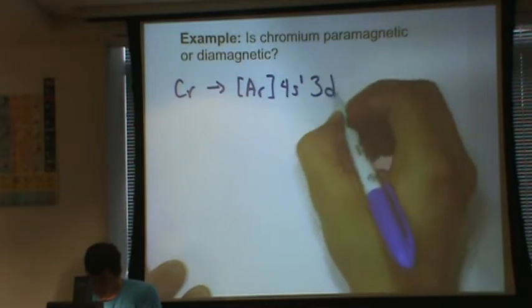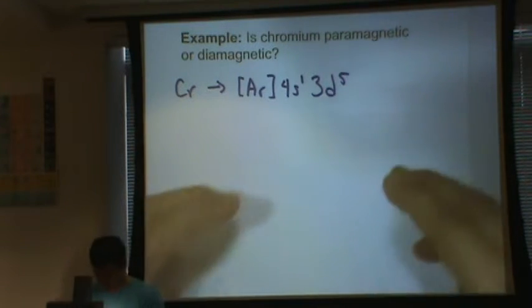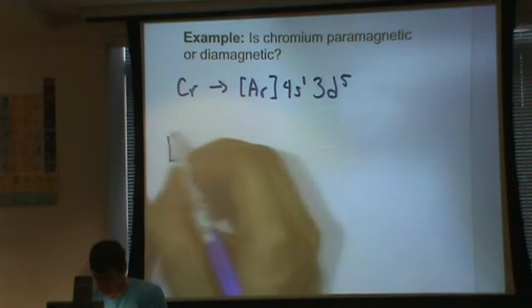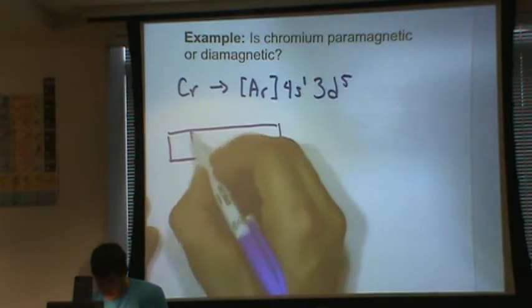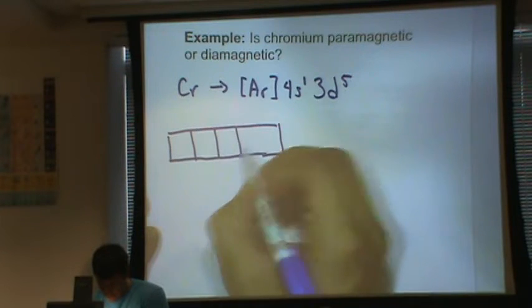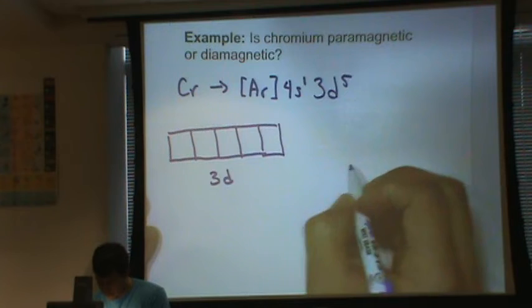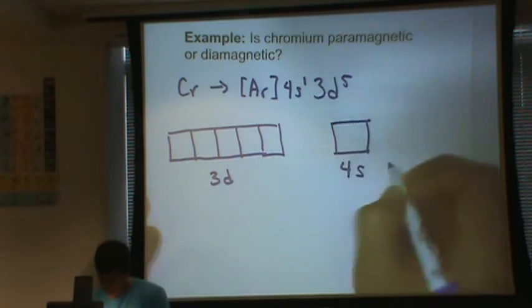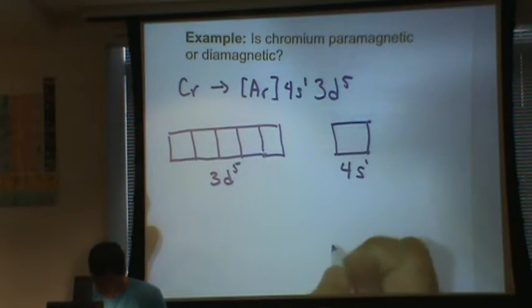3d5. So what I'm going to do is draw the orbital electron configuration where we draw the boxes. Let's see, 1, 2, 3, 4, 5. So this is our 3d orbital. We'll put 4s1 over here. So we have 1 electron here and 5 electrons here.